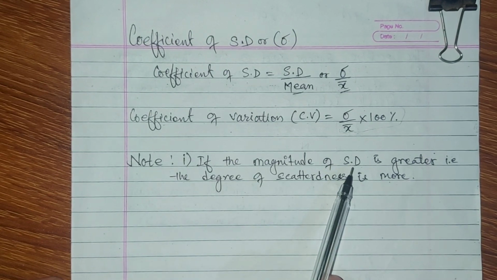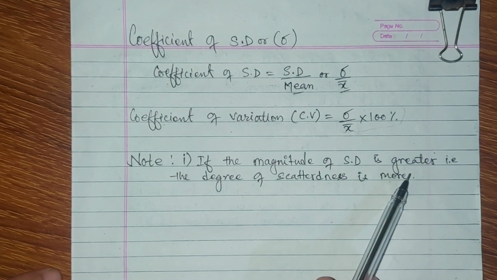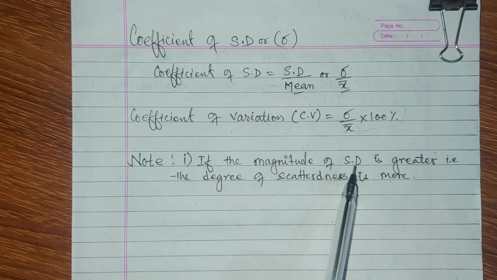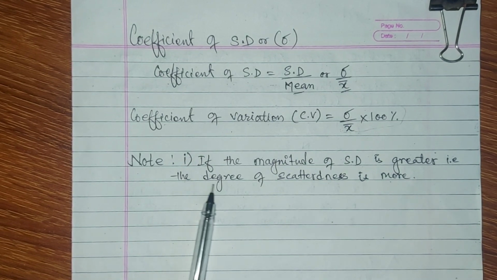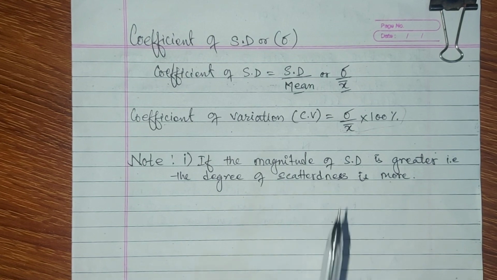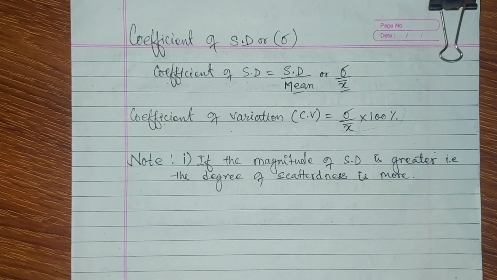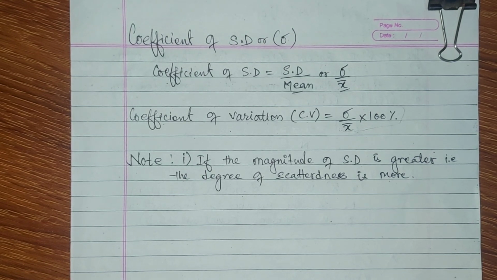If standard deviation has a greater value, यदि standard deviation को चाहिँ ज्यादा भ्यालु आयो भने हामीले के बुझ्नु पर्यो, scattered चाहिँ ज्यादा छ, scattered spread out ज्यादा भएको छ और variation ज्यादा छ भनेर बुझ्नु पर्यो.